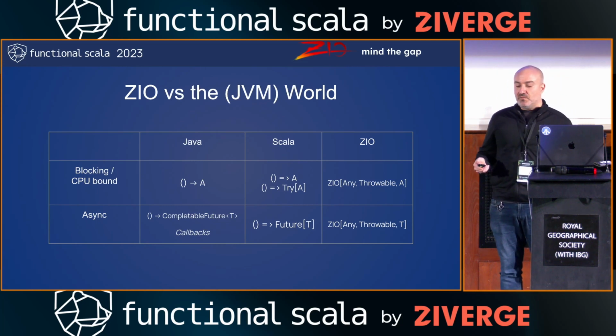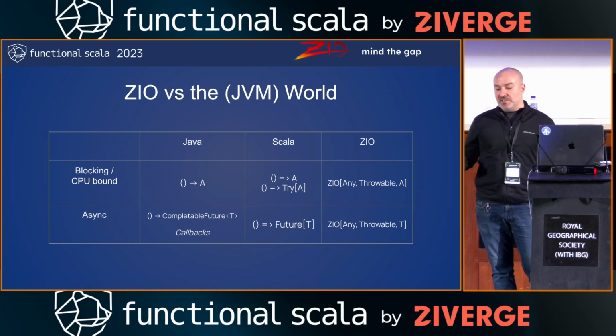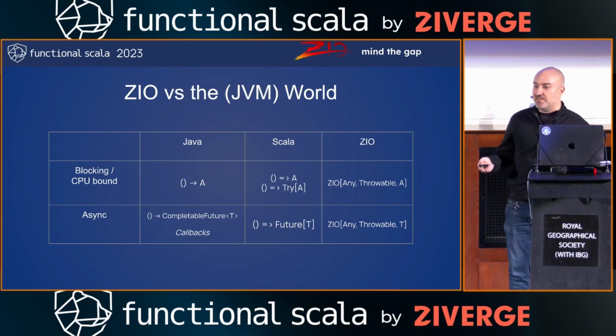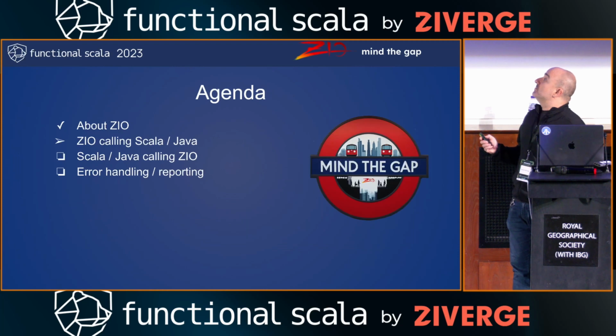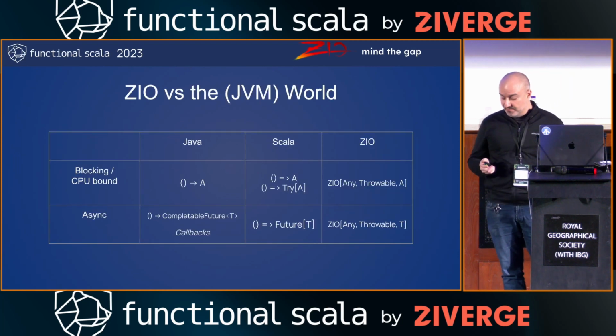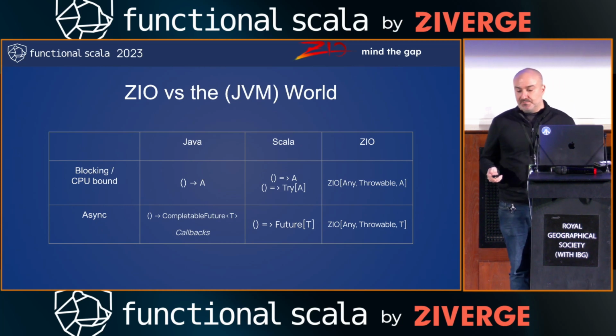So we could represent it as a function to A that throws, or maybe a function to Try in Scala. And for async computations, represented by Future or CompletableFuture in Java, it will still be this ZIO with an error type that is Throwable.